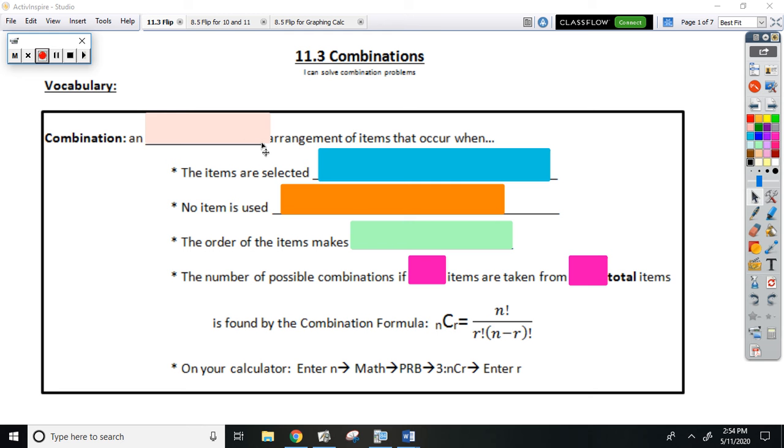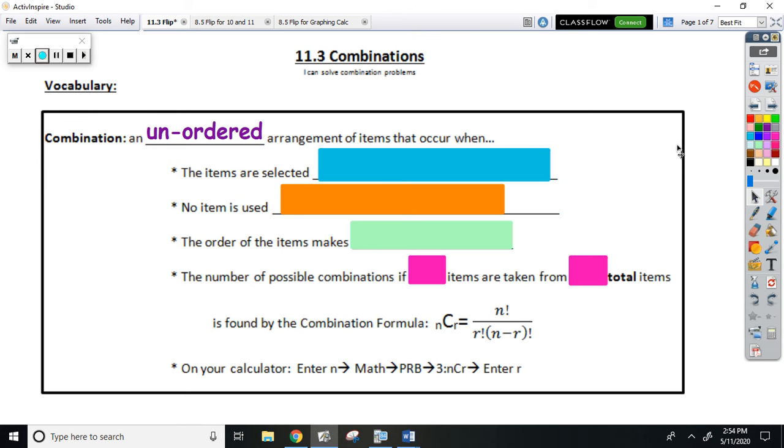In today's lesson, we're looking at combinations. Combinations are similar to permutations, however, these are an unordered arrangement of items. My example for this would be, again, putting all of your names in a hat, but the first person I pick gets 5 bonus points, the second person I pick gets 5 bonus points, and the third person I pick gets 5 bonus points.